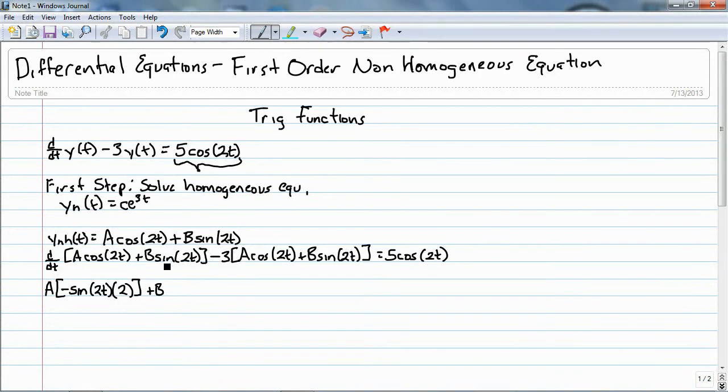For this second term, I'm going to have B, derivative of sine is cosine, and the derivative of 2t is 2. This part is just distributive property, multiplying negative 3 through each of the terms.